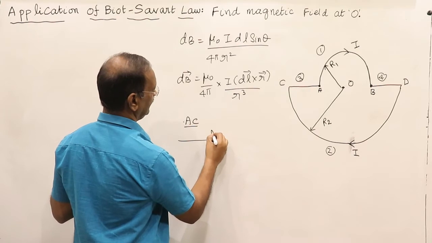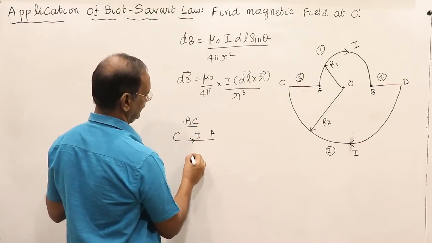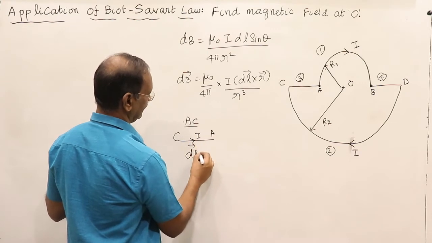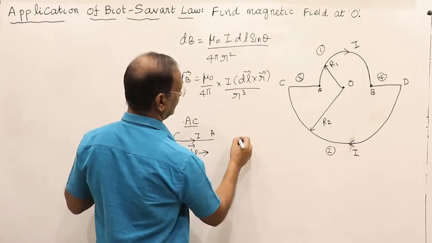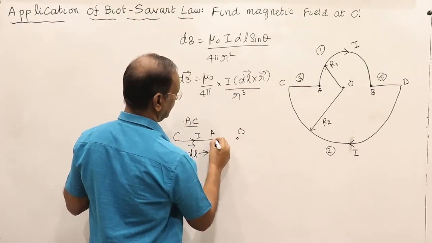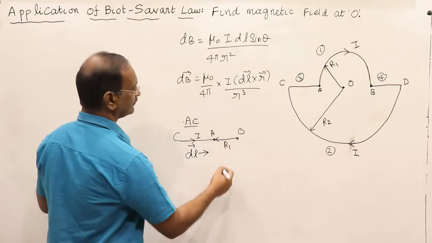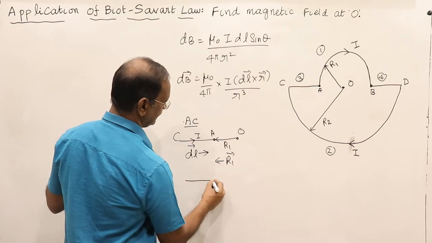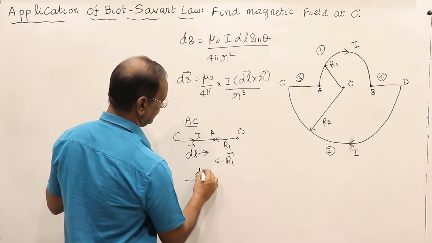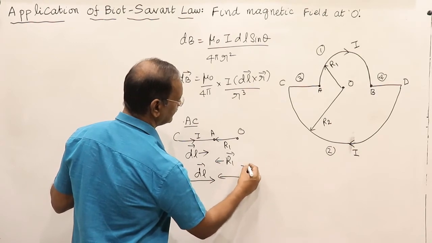This is A and this is C. Current is flowing this way, so dl vector is in this direction, and this is the point O. This is R1 vector, so R1 vector is in this direction.